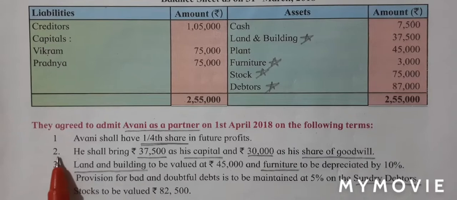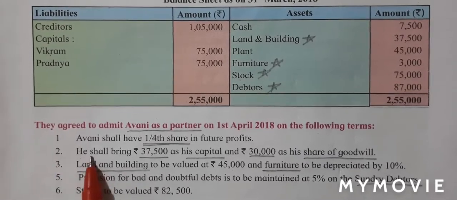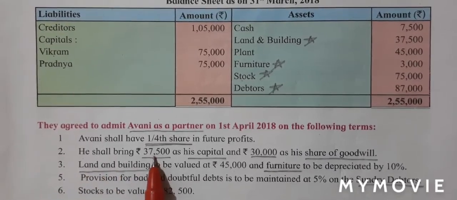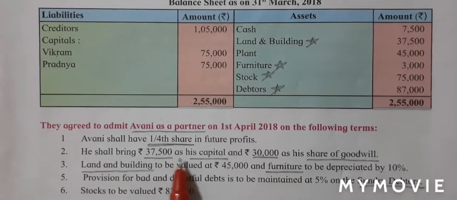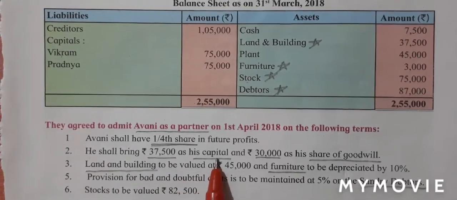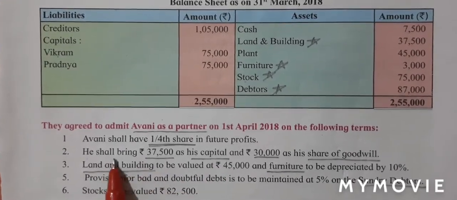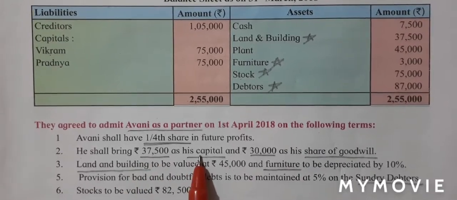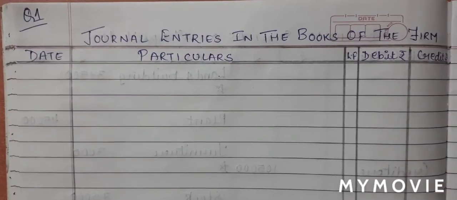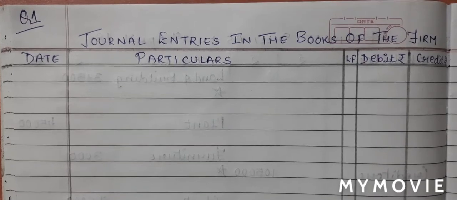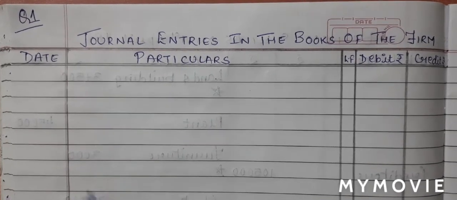Let's go to adjustment number 2. He shall bring rupees 37,500 as his capital, which means the new partner is bringing in capital. So we will first pass the journal entry for the new partner bringing in capital.